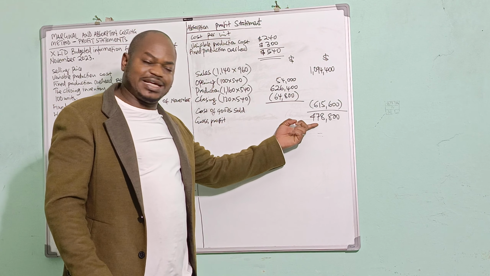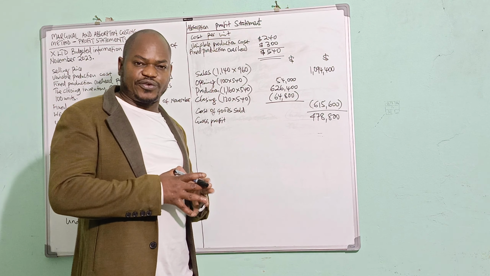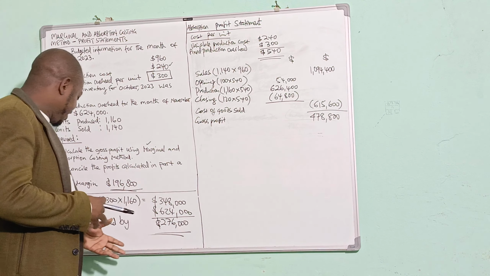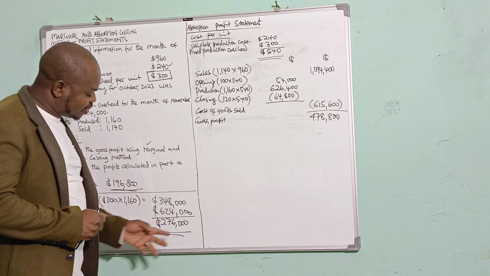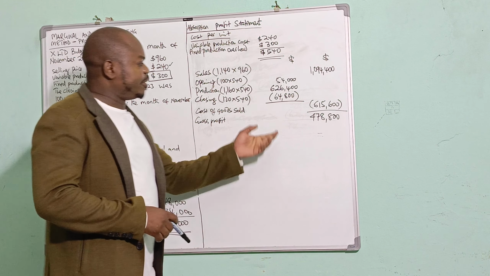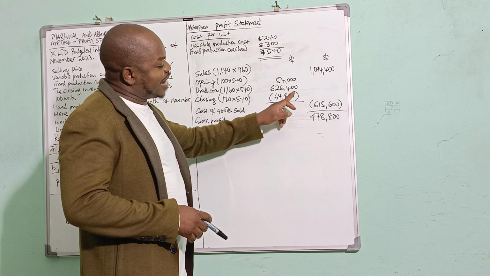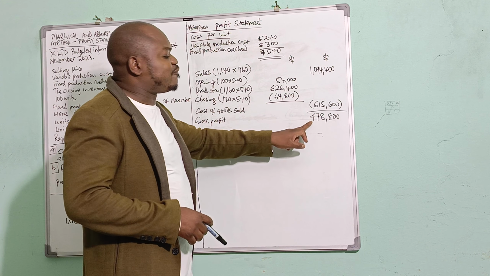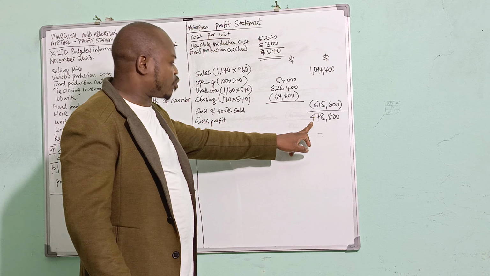You are deliberately inflating the profit figure. You are deliberately increasing the profit figure. So if there was an under absorption of 276,000, it simply means that the fixed production costs were underestimated, and therefore they deliberately increased the gross profit.